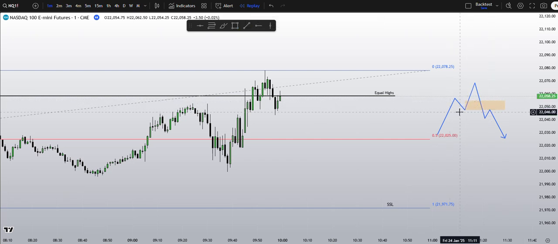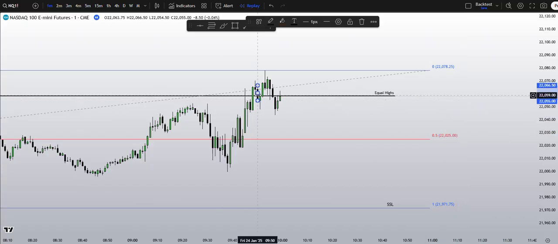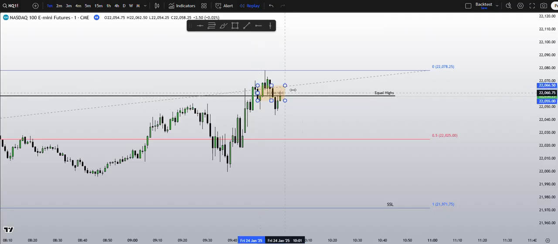It makes a high, a low, a higher high, breaks through that initial low, forming a lower low and retesting that initial low. Now, where is the breaker here? The breaker is right over here. Apologies. Right here.